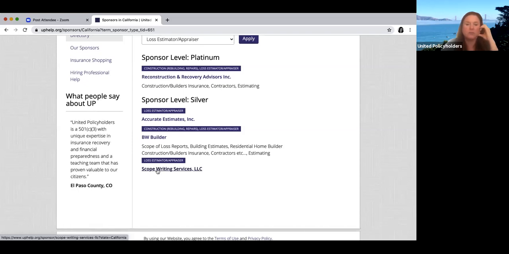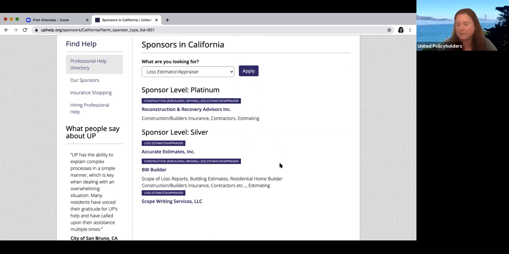All of them know what they're doing. We've heard good feedback on all of them. The pricing differs, like BW Builder was charging a flat fee. I'm not sure what it is right now. Accurate Estimates was charging, I believe, 1.5%. I think that's the going rate, 1.5% of the total estimate.